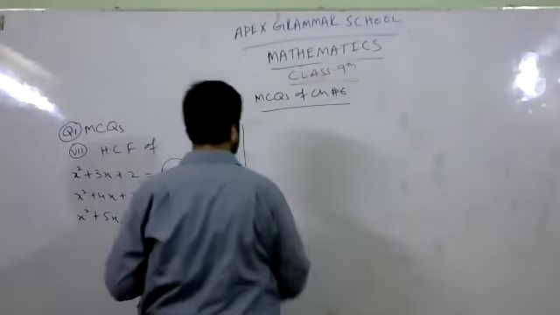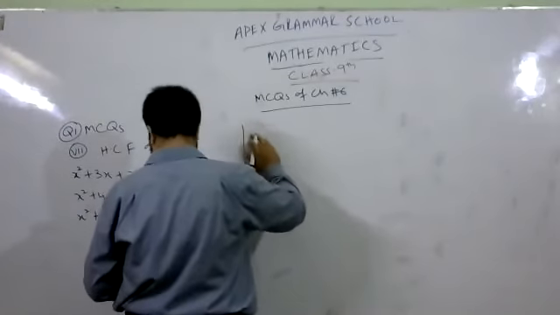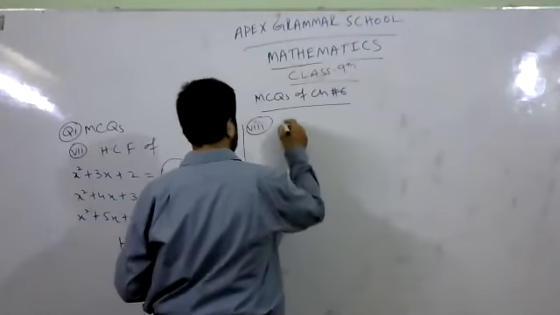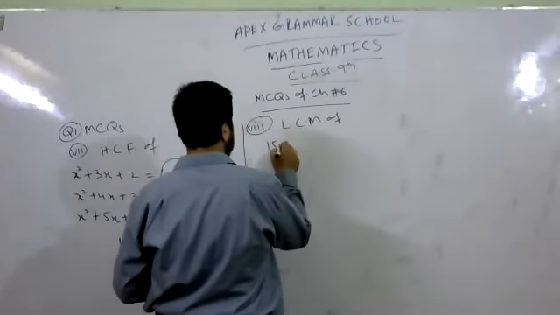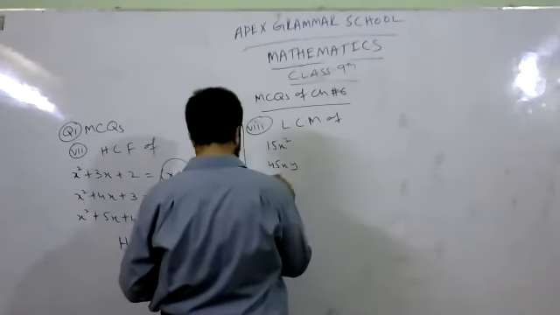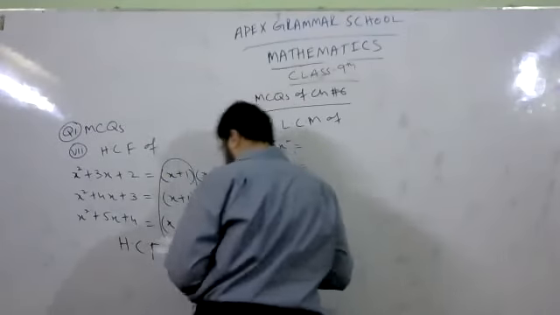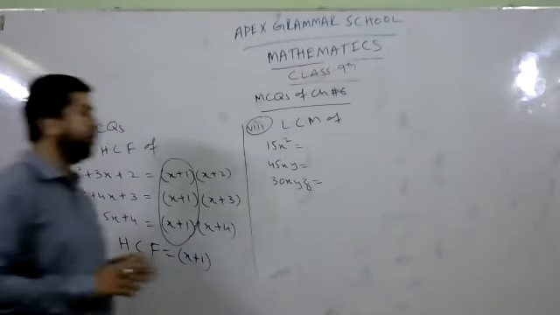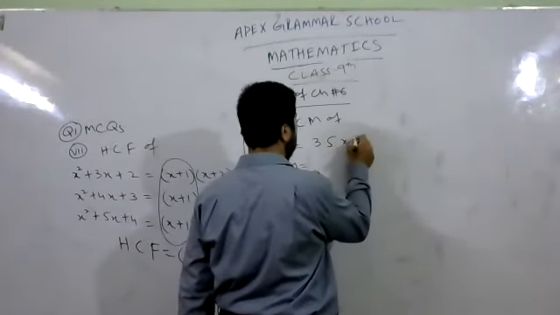For LCM, next is 15x square, 45xy and 30xyz. The factors of 15x square are 3 multiplied by 5 multiplied by x multiplied by x.